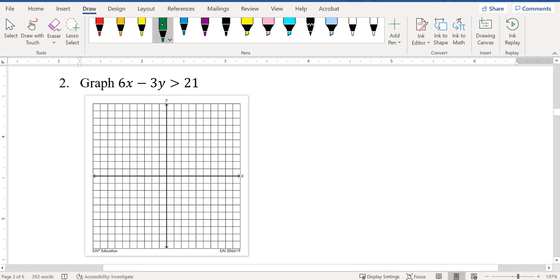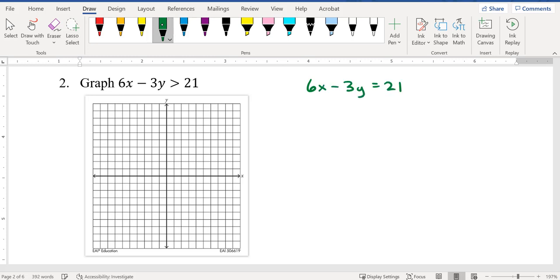Number 2, I want to graph the inequality 6x minus 3y greater than 21. So I'm going to do the intercept method again. 6x minus 3y equals 21. If my y is 0, I have to solve 6x equals 21, so x is 3.5.